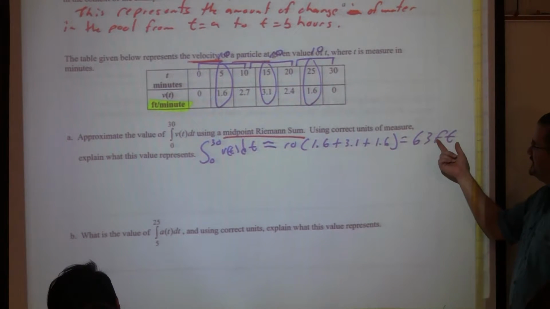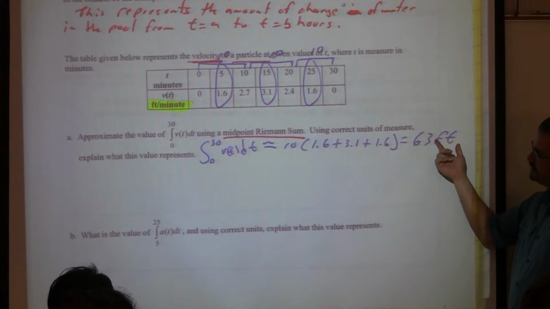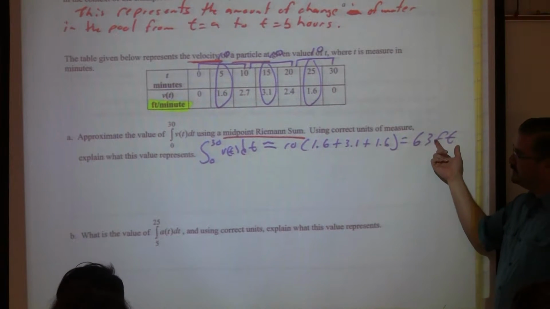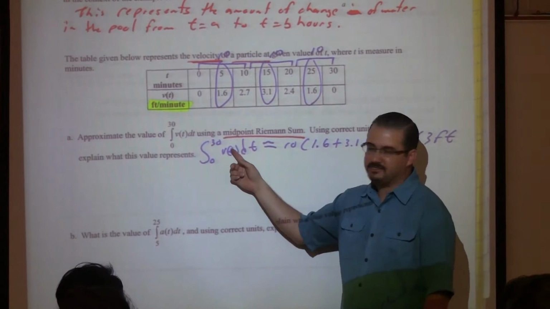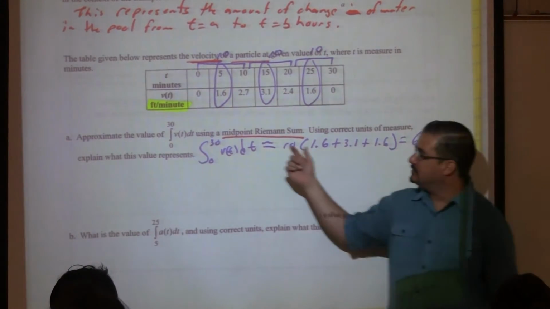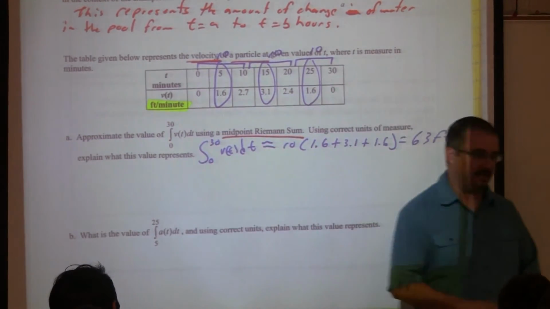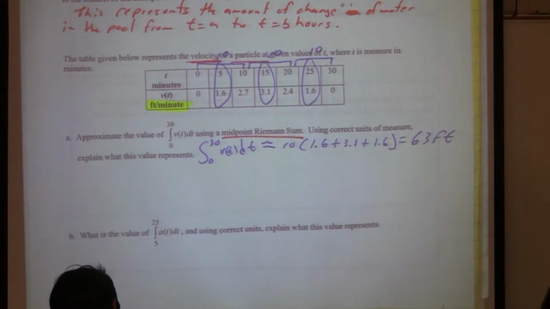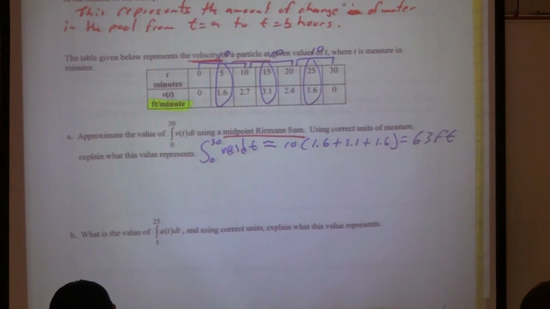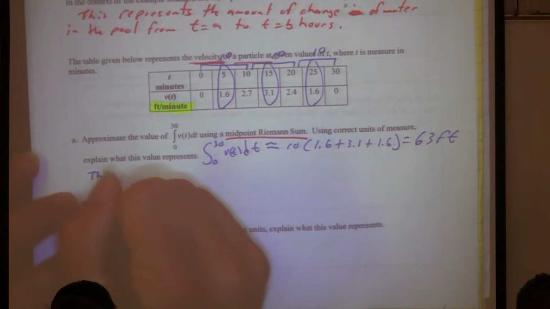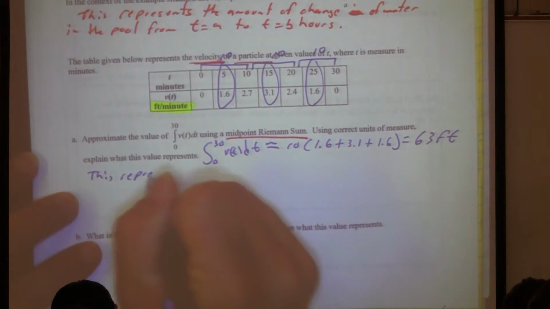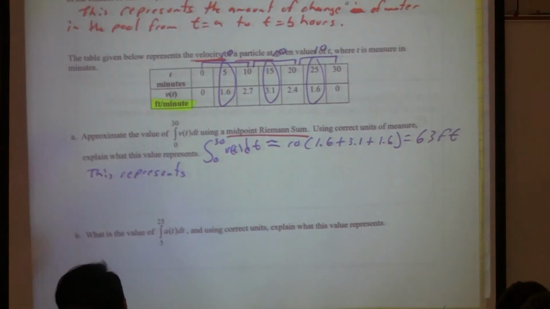Why did I put feet here? Because if I integrate velocity, I get position, right? So I should end up with something that's only feet. Okay, so what could we say this represents? I'll get you started.